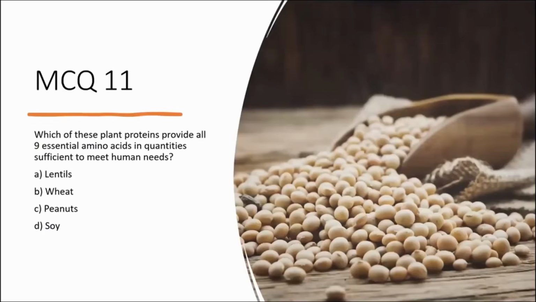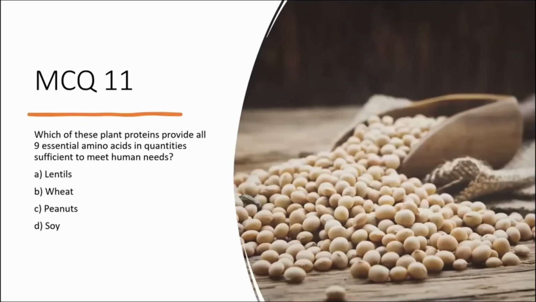All right, question 11. Which of these plant proteins provides all 9 essential amino acids in quantities sufficient to meet human needs? Lentils, wheat, peanuts, and soy. The answer is soy. And this is one of the few plant proteins that provides all of the essential amino acids in near adequate amounts.